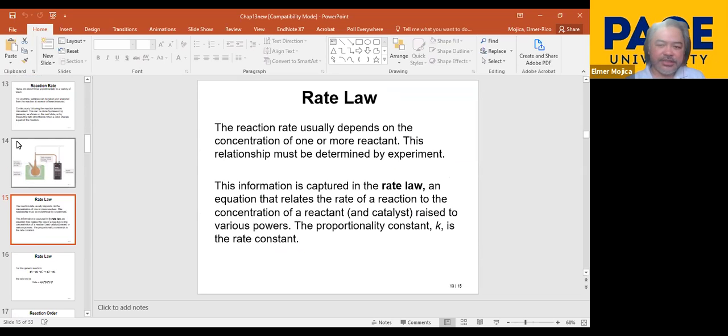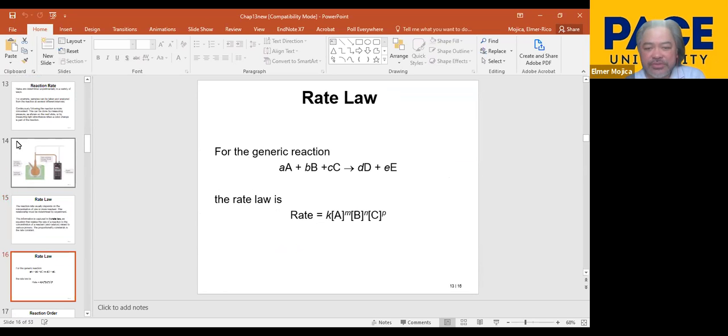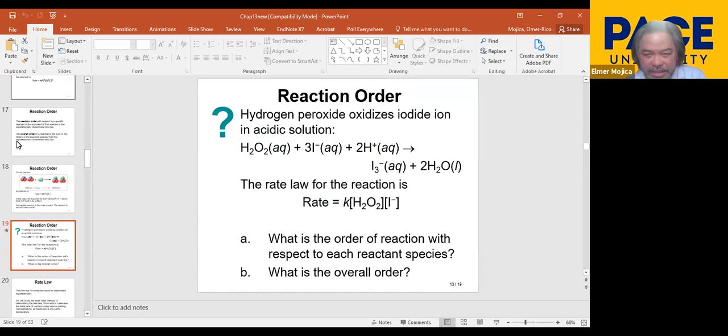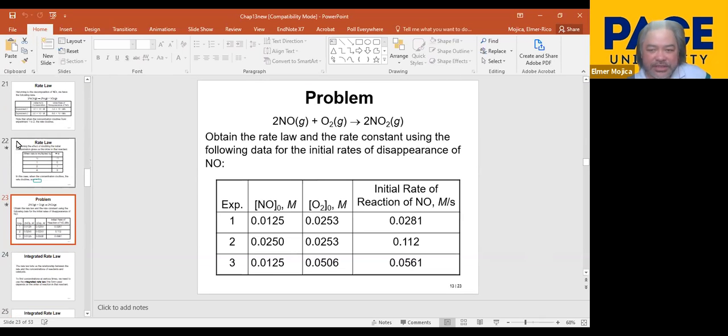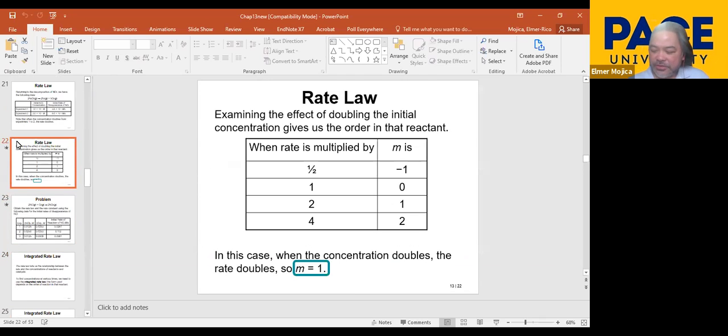And we all know the rate law is with respect to the effect of the concentration of the reactant on the reaction rate. So how is the rate law different from the reaction rate? Usually you have a rate constant, the so-called k. And the rate law, you can only determine it experimentally. Okay?